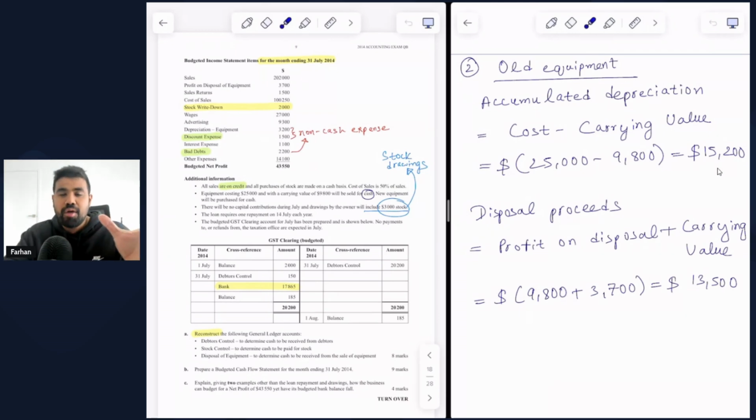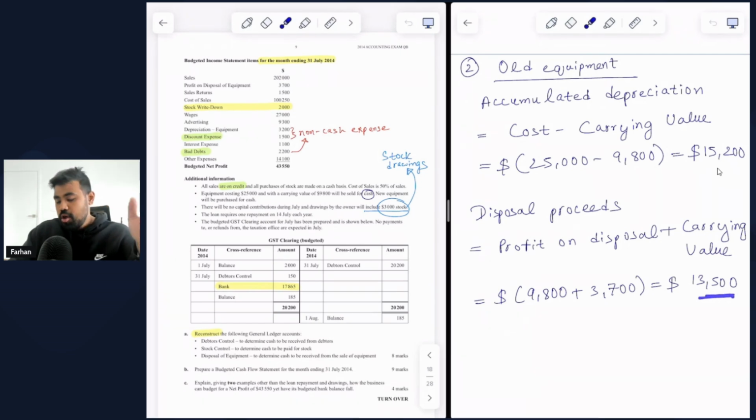So the total amount that you're receiving in cash as the disposal proceeds is the total of profit on disposal and the carrying value added together, which is $9,800 plus $3,700, and that's $13,500.